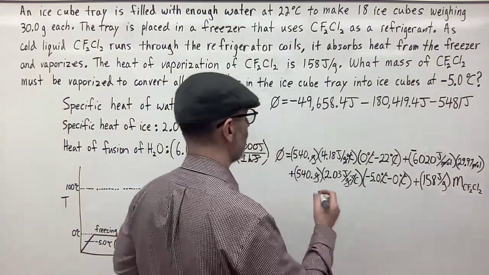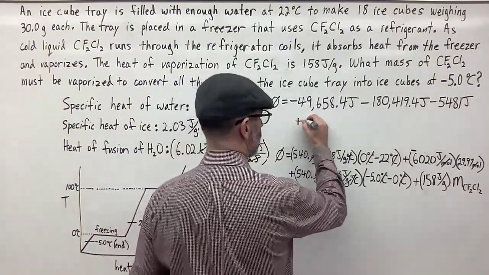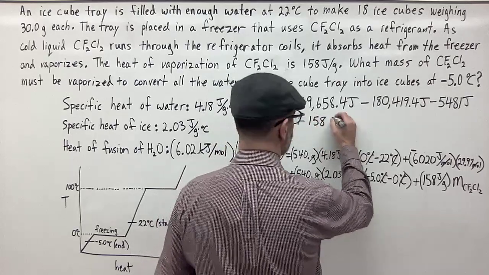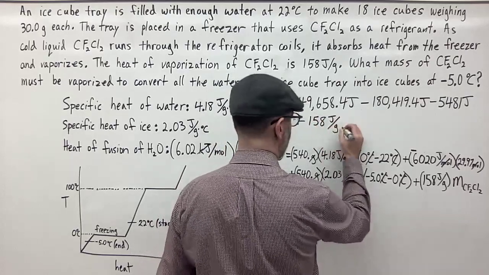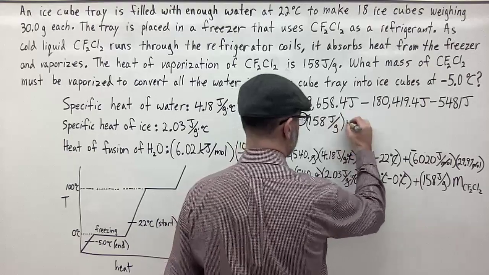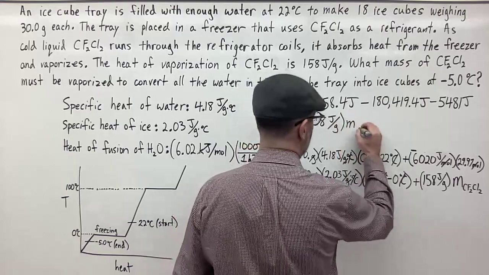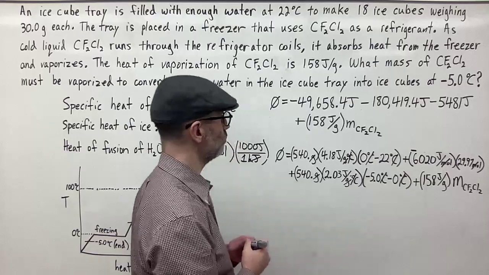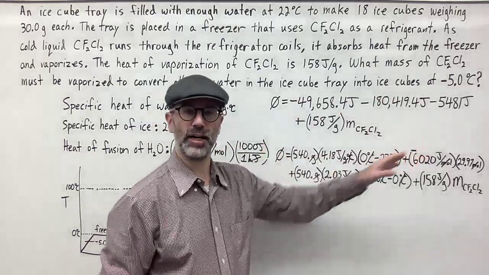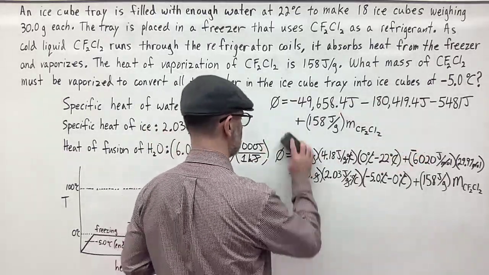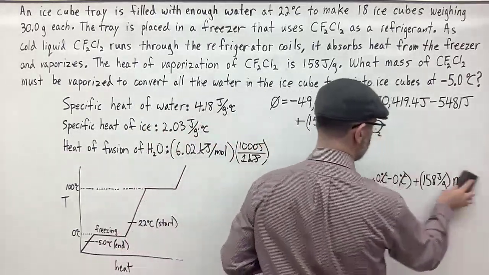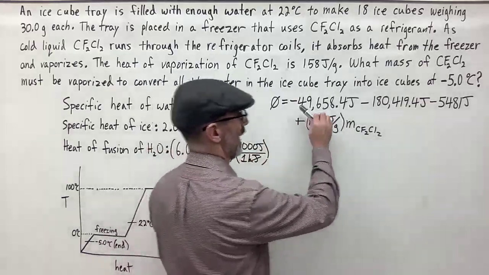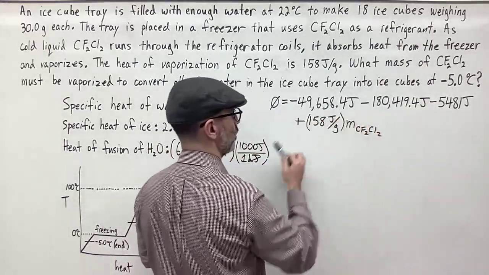We're just going to add that at the end. So it's plus 158 joules per gram multiplied by the mass of CF2Cl2. Now it's much more simplified. So I'm going to go ahead and erase this now, give myself more space.